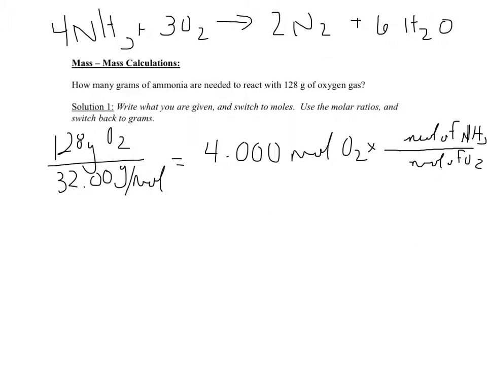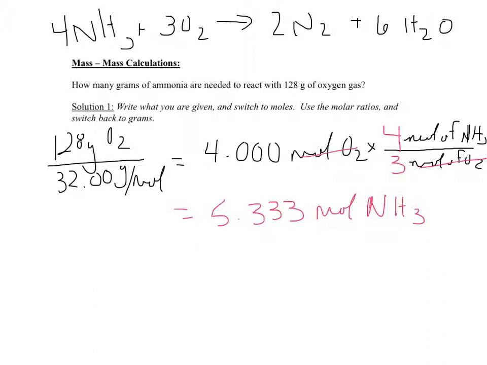So now I look up at the top of my chemical reaction, and I know that it basically works that I'm going to have 3 and 4 for my amounts. So my math was going to be equal to 5.333 mole of NH3, and that's because my units have now crossed out, leaving me only with ammonia.